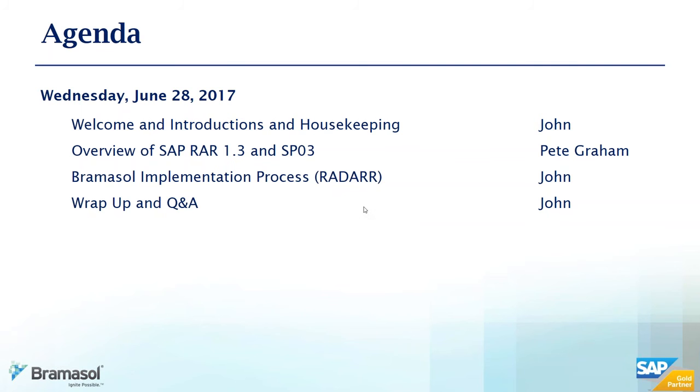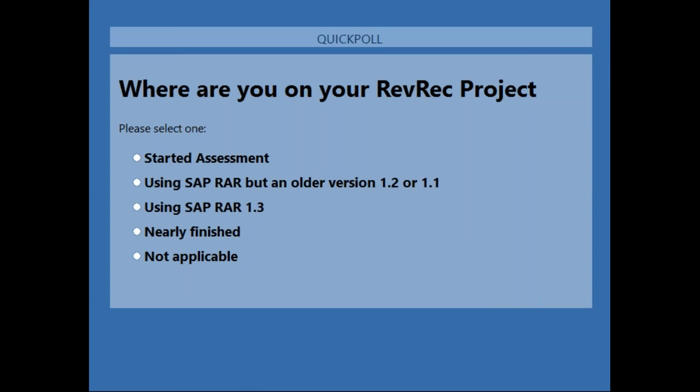While Pete's getting set up and ready to go, I am going to run a quick poll. What we'd like to know is, where are you specifically on your RevRec project? Start voting now. Have you started your assessment, meaning, have you done your accounting assessment? Have you just started?